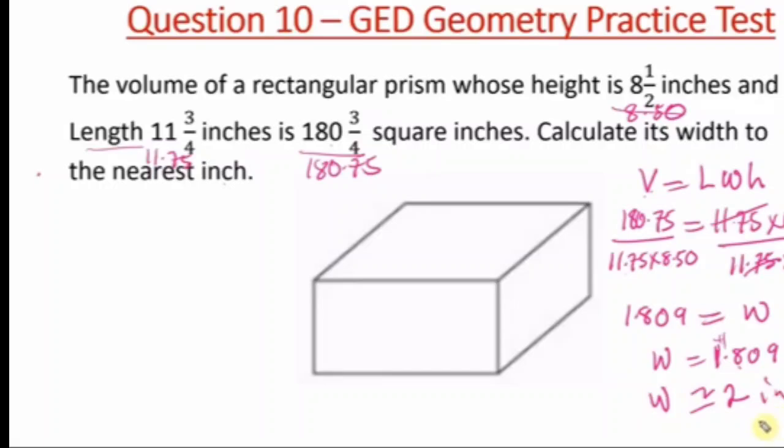So 2 inches. Thank you for staying tuned to the end of these 10 questions focusing on the GED geometry. I know that as you watch this video to the end, for any geometry questions, I've done a video on how to find the perimeter and area of irregular shapes and figures.